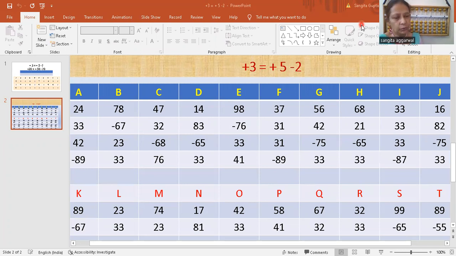And in these questions, you have to use both the formulas. You have to use the add 4 formula also, and you have to use the add 3 formula also. So some of the questions I'm going to do with you, and the rest of the questions you can practice on your own from these.